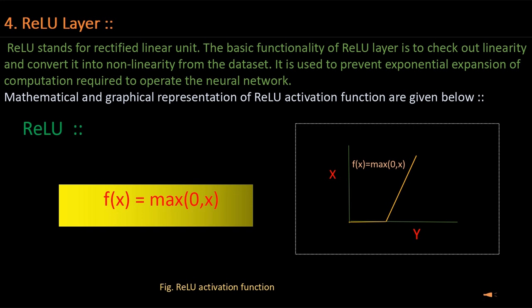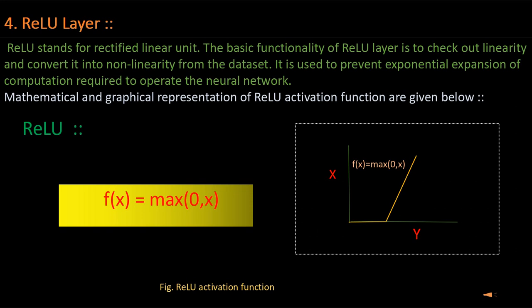For example, as you are seeing in the graph, this line comes from 0 in the x direction, and after some point has a sloped shape. So the formula is f(x) = max(0, x).